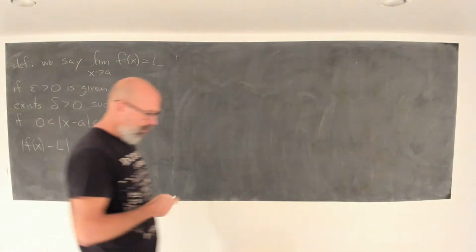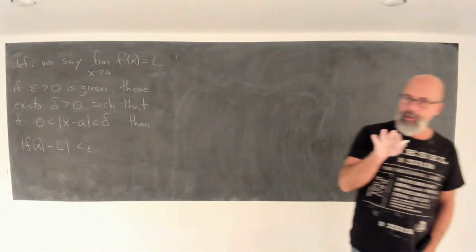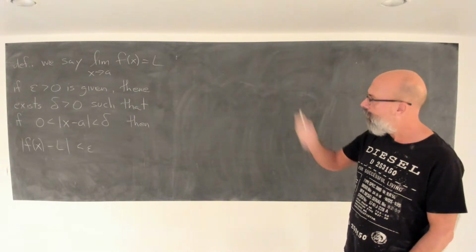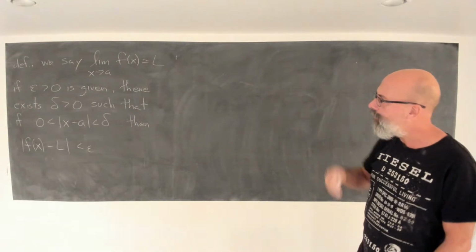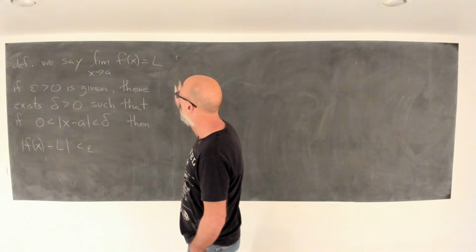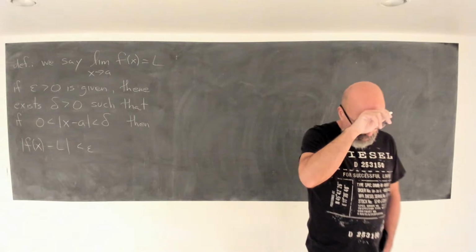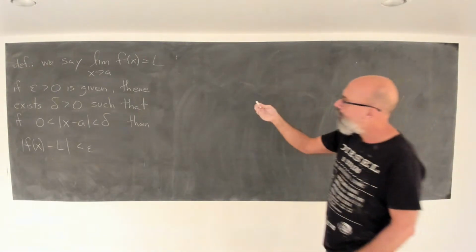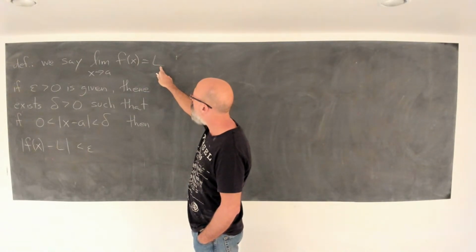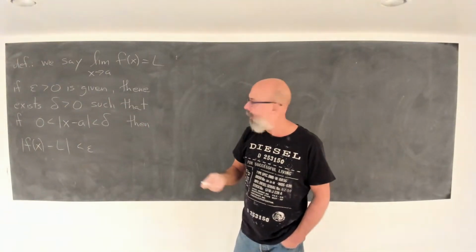And before we consider the graphical meaning of this, let's think about what the original definition of the limit was, right? We said the limit was the behavior of f as x goes to a. Here we're saying it behaves like the number L. Or we had said that f of x can be made arbitrarily close to L by taking x sufficiently close to a.